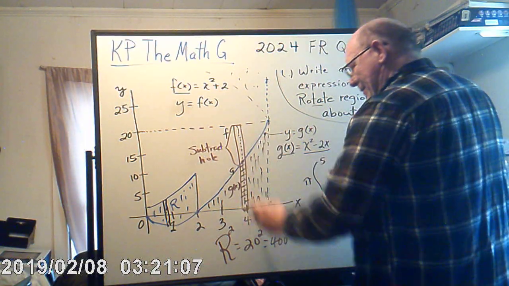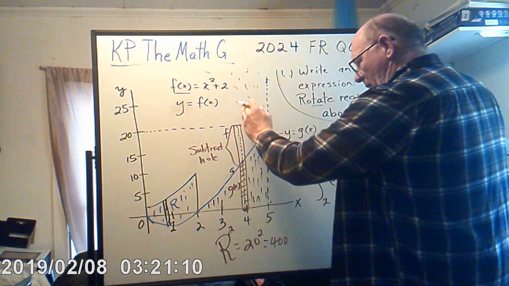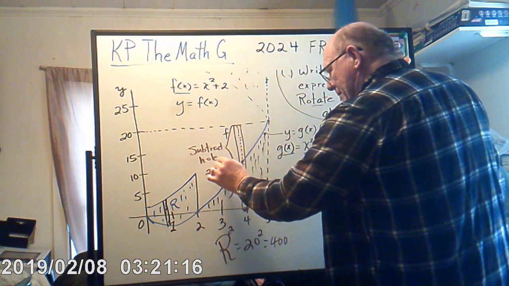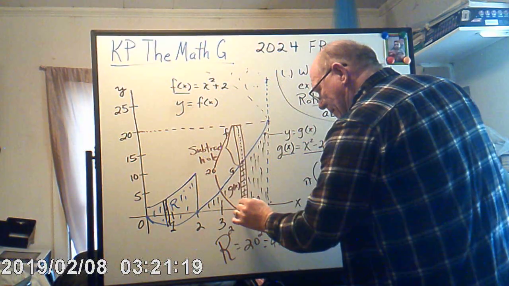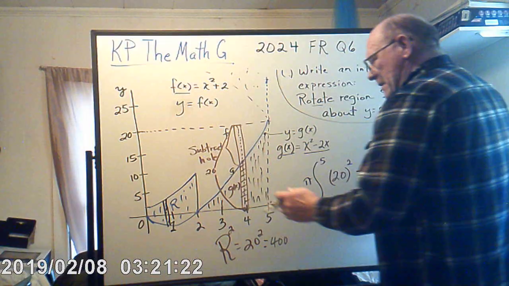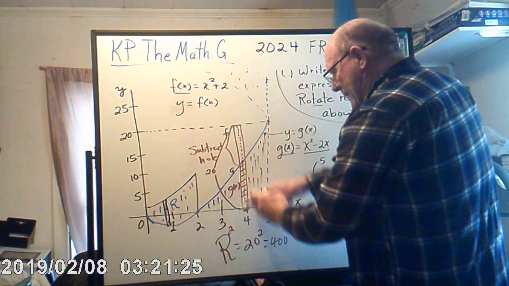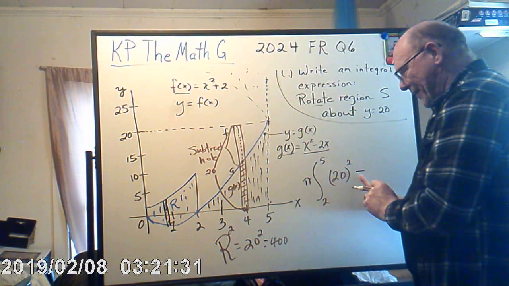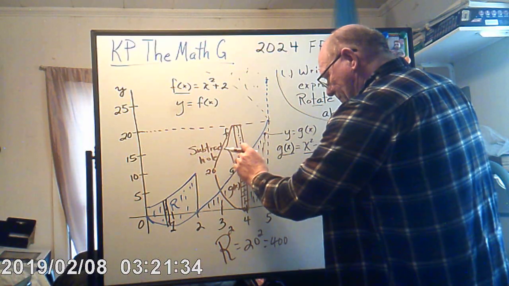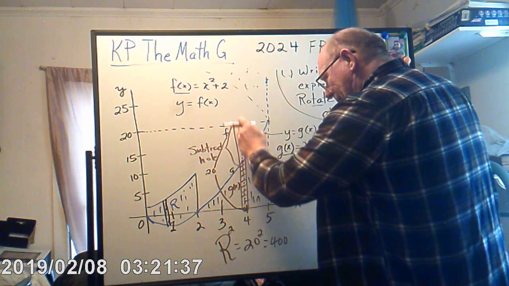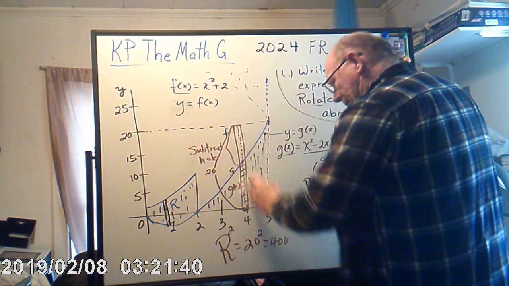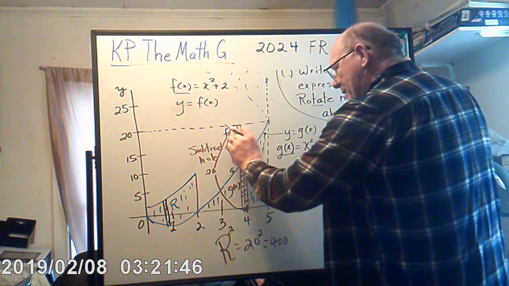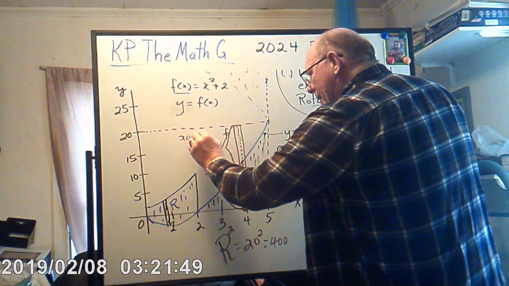This whole height is 20, right? This whole height we know is 20, so we're just going to put 20, and that's the entire height. If we take away this g at x, this is the hole that we want to take away. So this portion is 20 minus g at x.